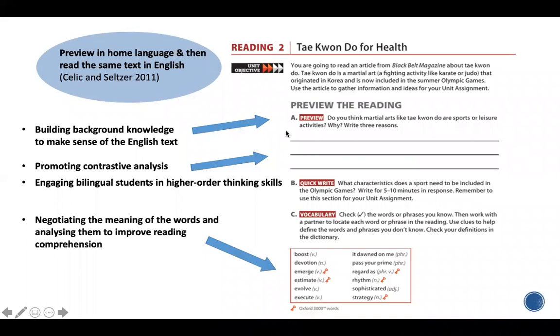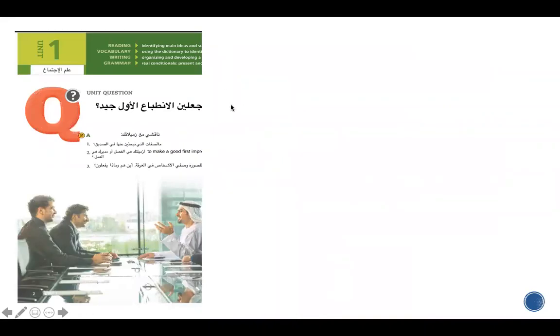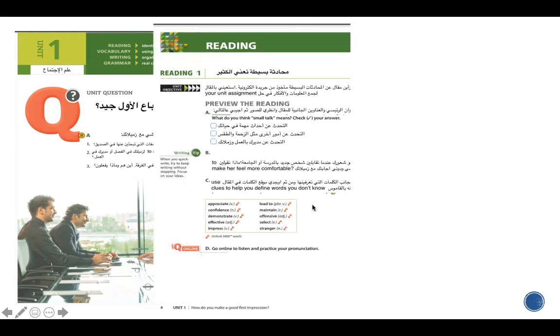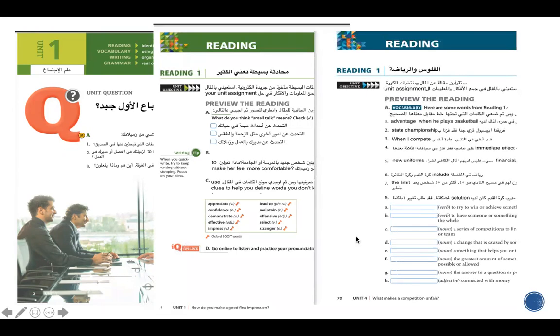What I did is, I translated the title, and the preview is now in both languages. I used Arabic and English, and also here. So this is all part of their preview. Again, also here.